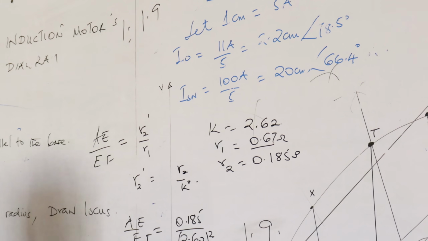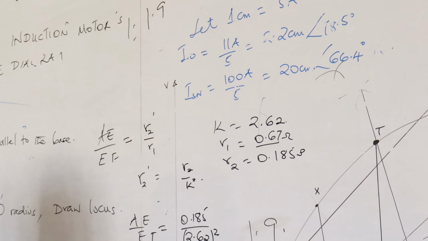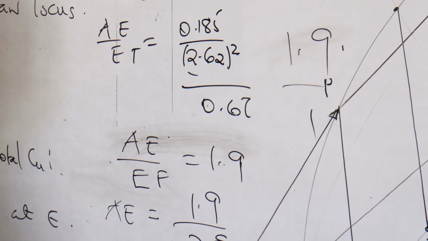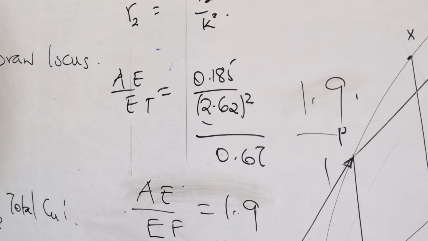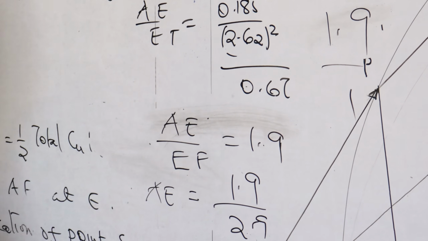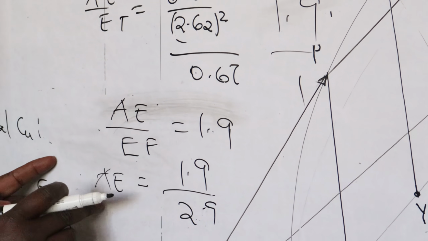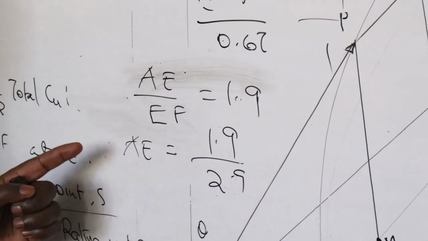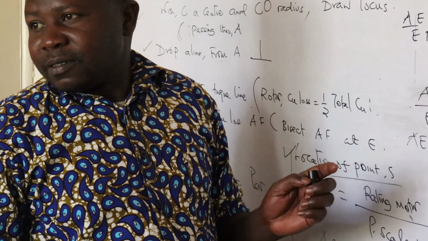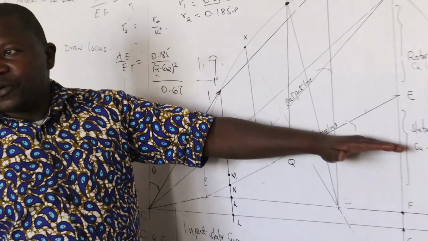See, that's the ratio. So that you get exactly where you are going to get E, A to E, and then you locate E. You'll maybe find it's up or down.